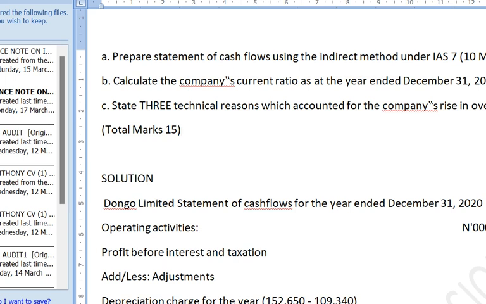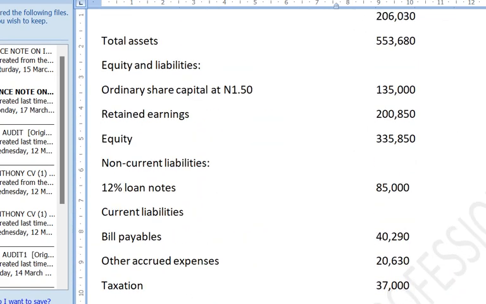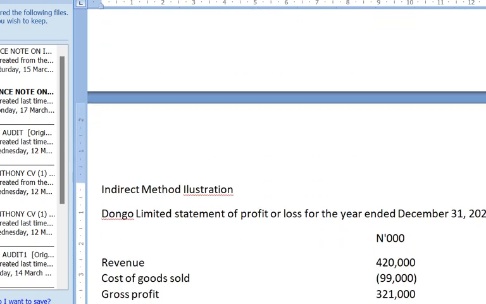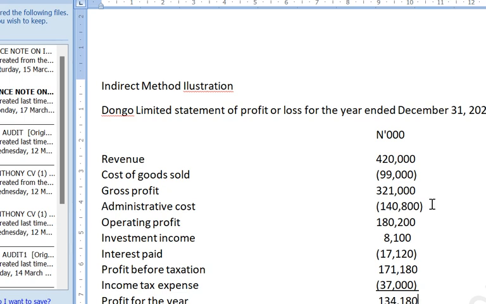So that's what will give us profit before interest and tax. Or hold on, please. Let me go back and check something. I hope I've not made a mistake. Okay, please, one minute. Operating profit is okay. We are actually supposed to use 180,200.